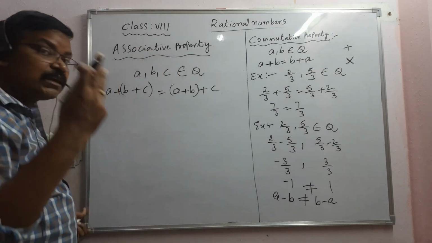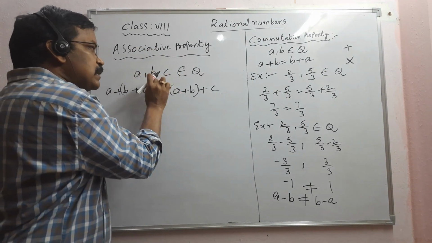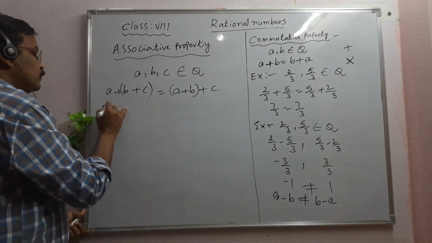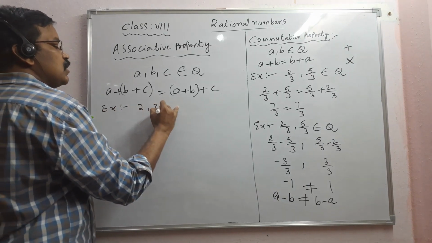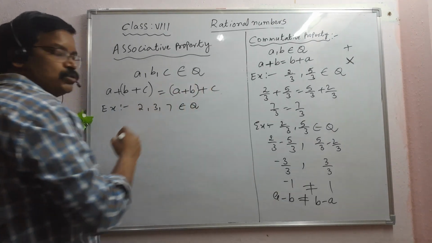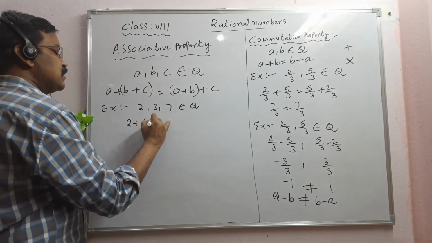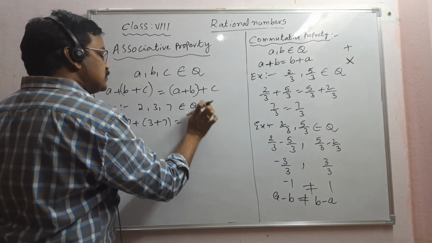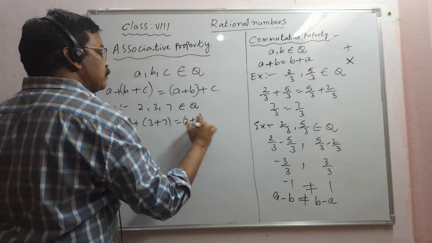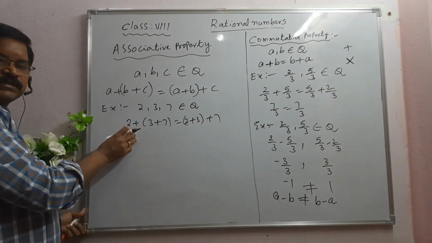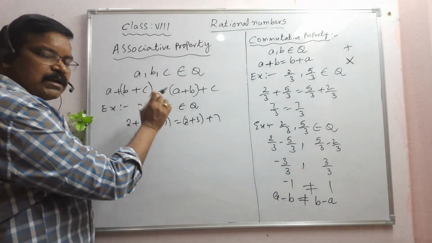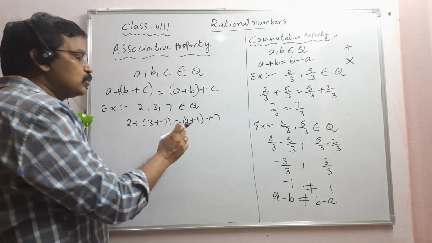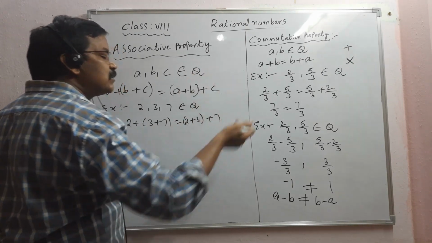Example, take 2, 3, 7 belonging to Q. So 2 plus (3 plus 7) should be equal to (2 plus 3) plus 7. That means the sum of the second and third numbers with the first number should be equal to the sum of the first two numbers and the third number.